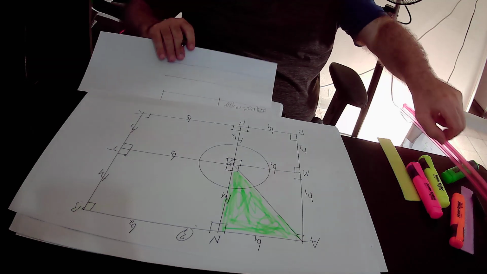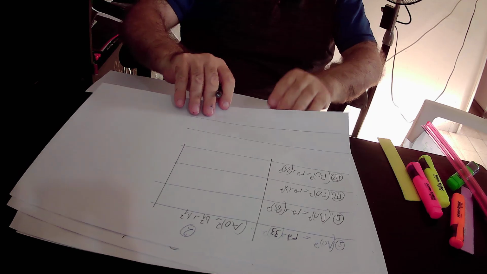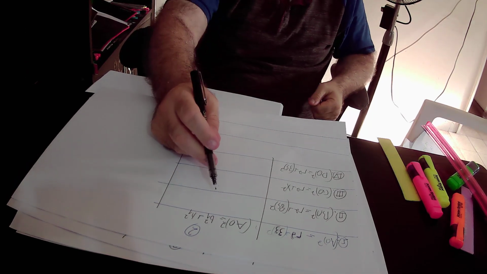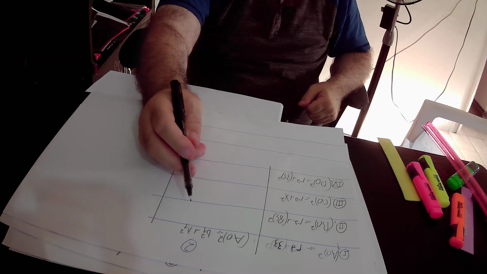I repeat again, in the right green triangle, according to the Pythagoras theorem, AO square equals B1 square plus H1 square.